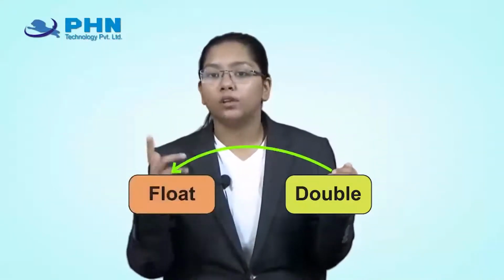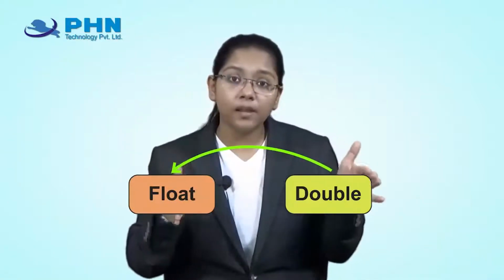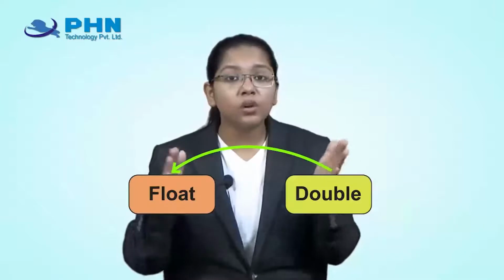Let's consider I have a double value, say 1.2345678910. I have a big value because double stores larger values. But now this double is getting converted into a float. Will this bigger double value get stored in my float?